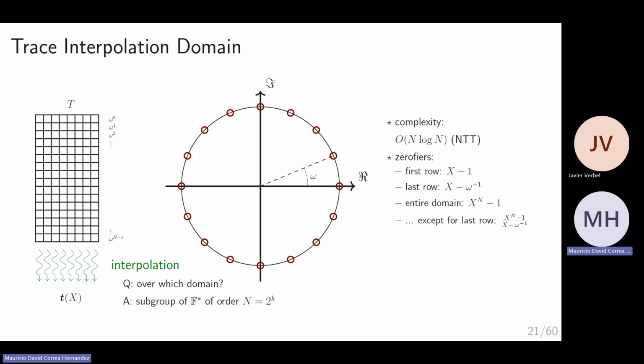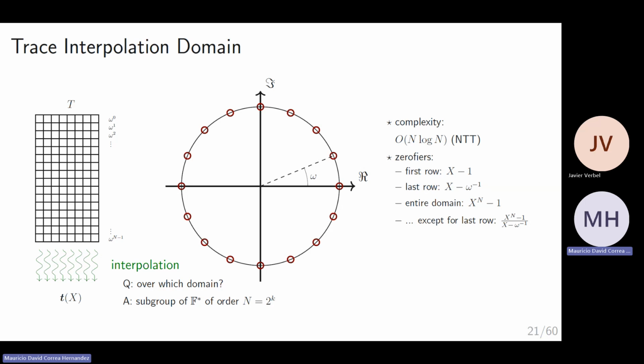Well, the zerofier for the first and last row, they're not very interesting because we're going to be low degree anyway. And so they will be low degree independent of your domain. But the zerofiers for the transition constraints and for the consistency constraints, they are sparse now. Because using a fancy bit of algebra, the zerofier for all of these red points on the unit circle is exactly x to the n minus 1.